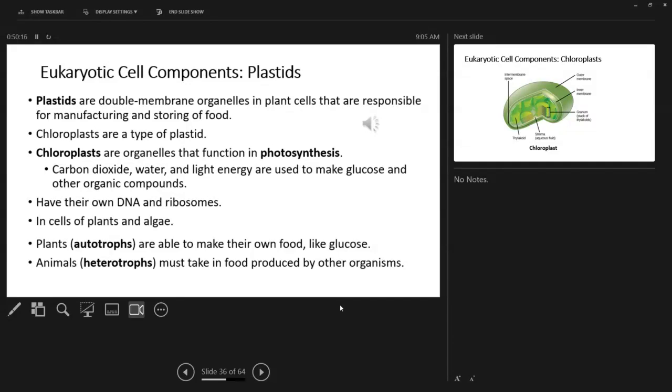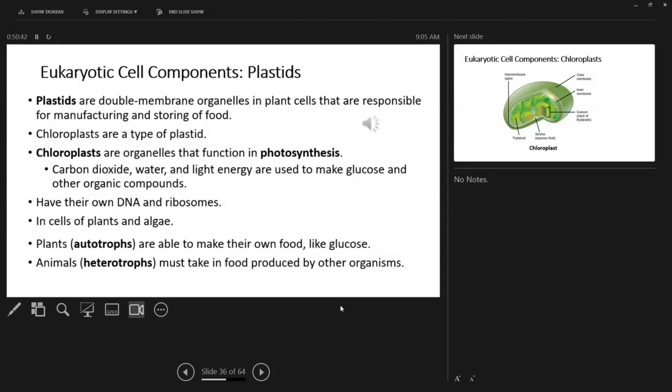These words, autotroph and heterotroph. Auto means self. Hetero means different or other. So autotrophs make their own food. That's what plants and photosynthetic organisms do. They can make their own sugars and other organic compounds just using inorganic carbon dioxide and water.